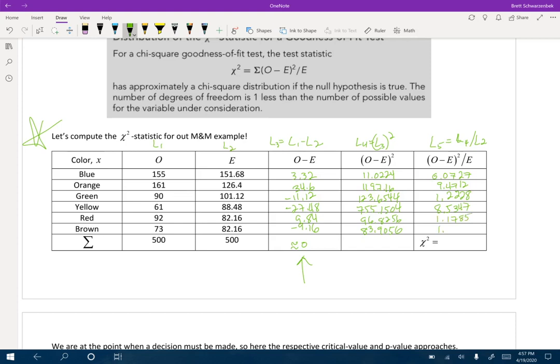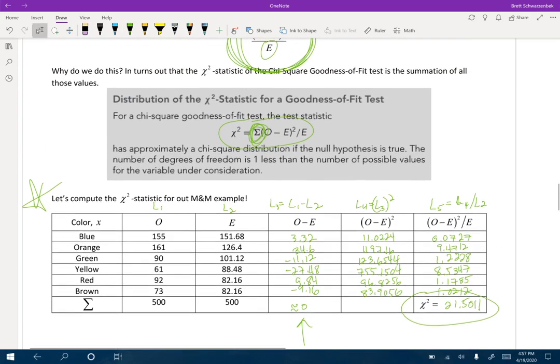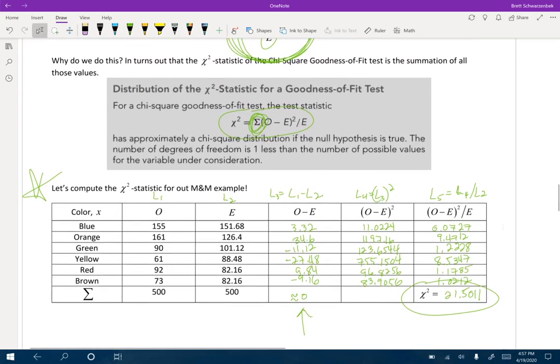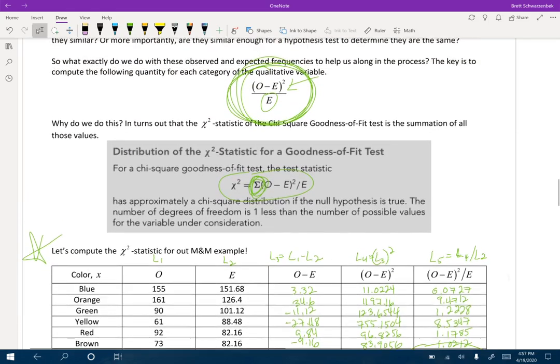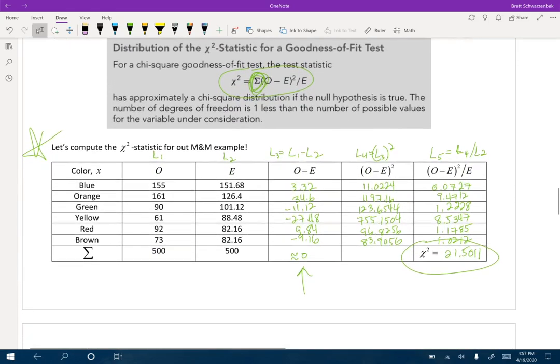So again, the formula is this. Note that we have the summation sign right here. So when we add it together, we get 21.5011. This is our chi-square test statistic. That is what we're going to use to run our test, and we have to determine how far out that is based on our distribution. But this is the process you run through for each of these.